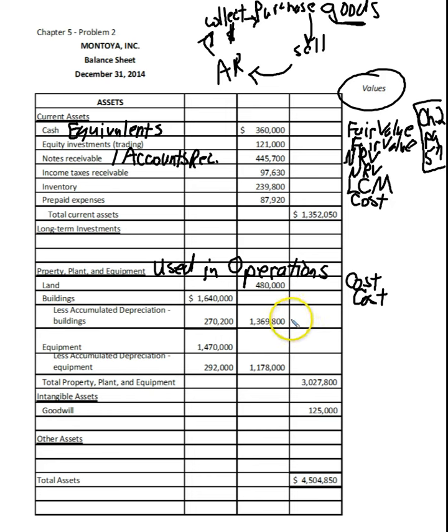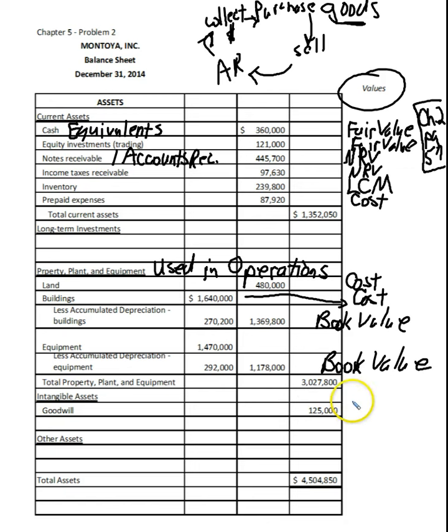But then we also subtract accumulated depreciation. So they do get reported at cost, but then we net accumulated depreciation, and then that difference is called book value. Okay, so property, plant, and equipment at cost, and then it's related to book value.